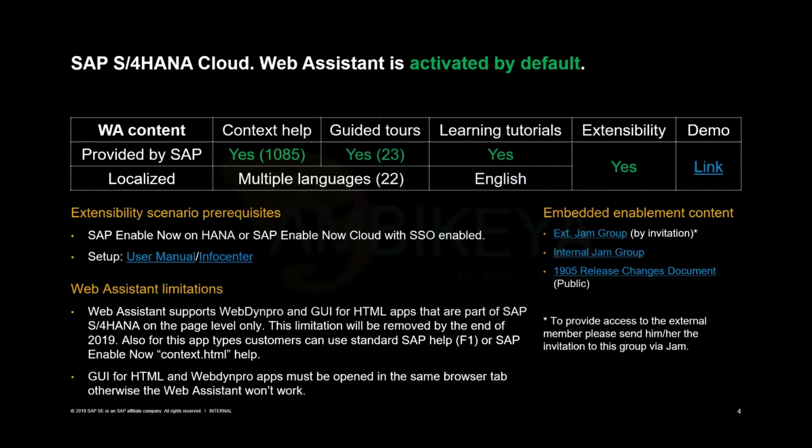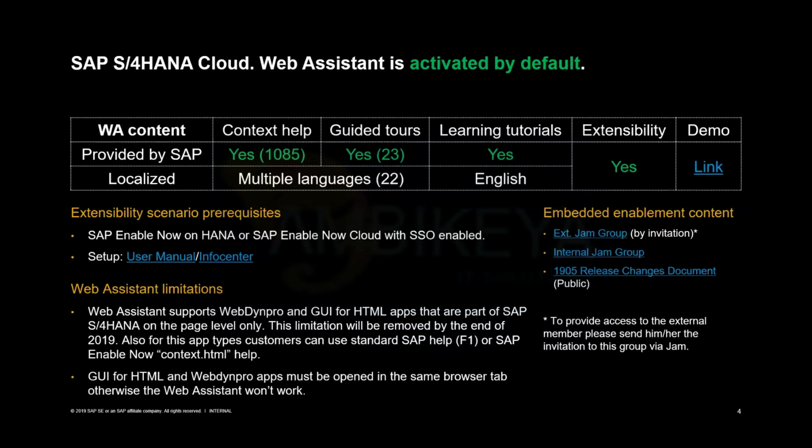They would see access to all of the latest content, both the learning tutorials as well as the context-sensitive help: the help tiles, link tiles, and guided tours. All of that content is visible to S/4HANA customers by default.